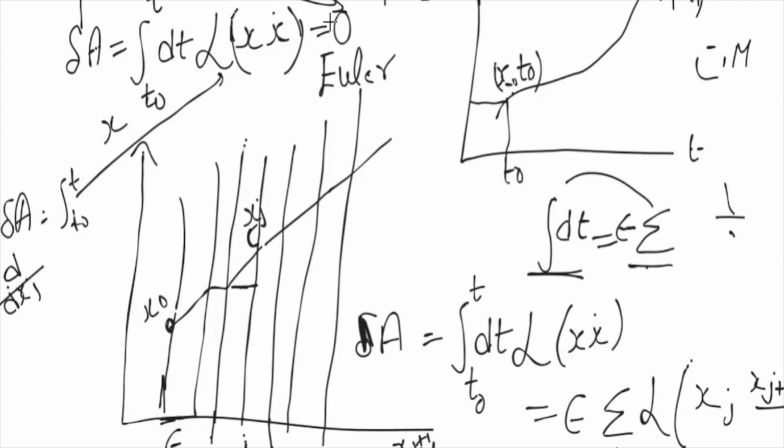Delta A is equal to 0. तो तब हमने डेल्टा लगाया और हमने इसको डिफ्रेंशिएट करेंगे विथ रिस्पेक्ट टू x. So that's all.